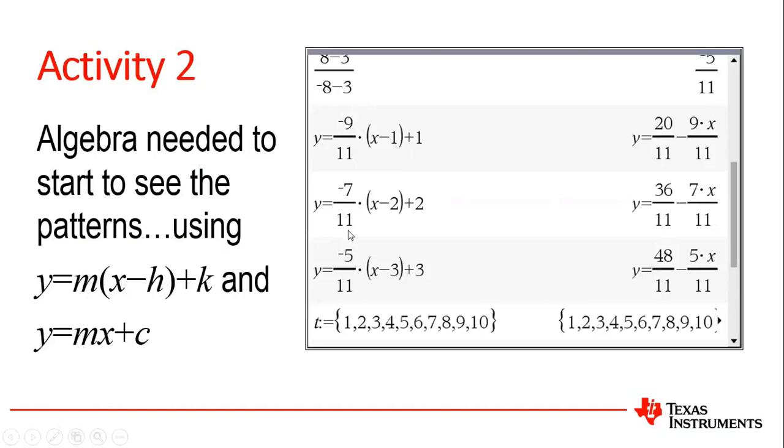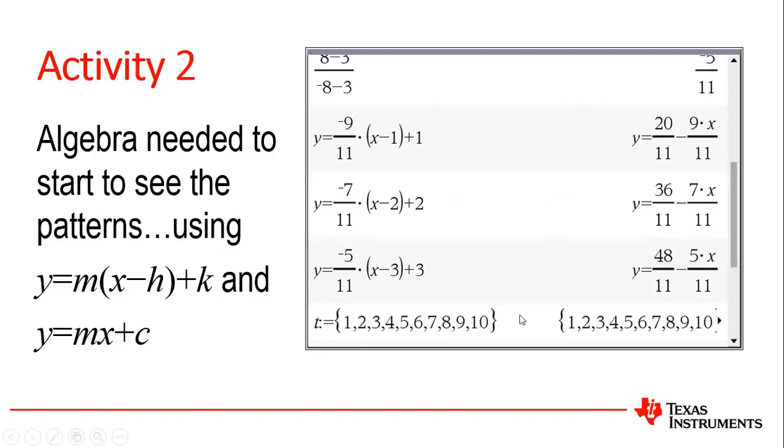And in this activity, it was suggested that you use the point on y equals x, so it was 1, 1, 2, 2, 3, 3, etc. But when those are entered into Nspire, of course, another version appeared, and that was the y equals mx plus c formula, where Nspire has put the y-intercept before the linear term, and you can see the gradients appearing there.